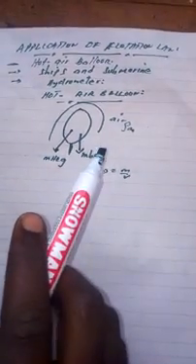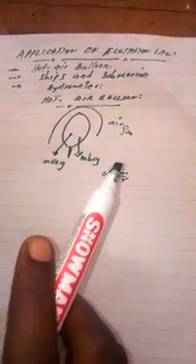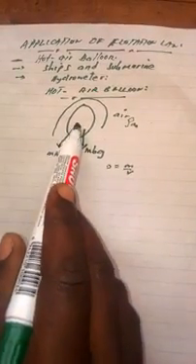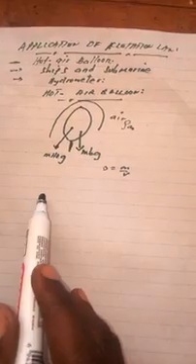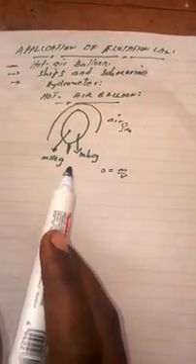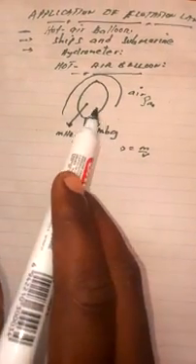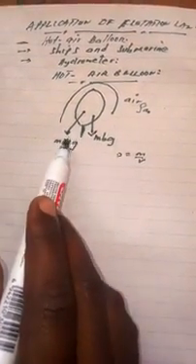So now you can adjust this balloon either to move up in the air or to move downward by changing the temperature of the gas inside the hot air balloon. In order to make the hot air balloon move into the air, you are required to increase the temperature. As you increase the temperature, you reduce the density.